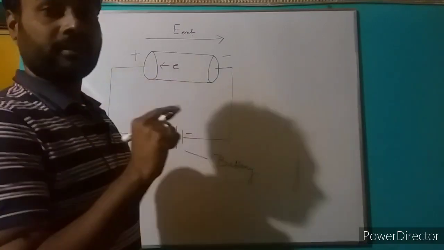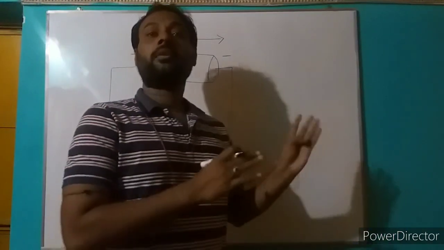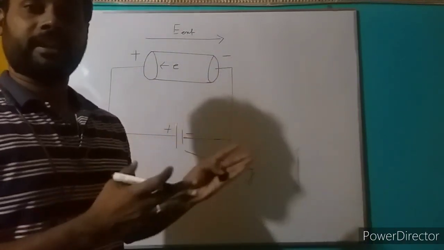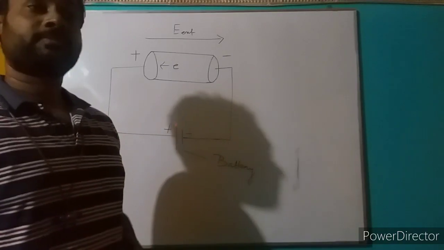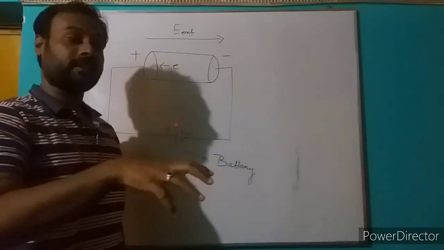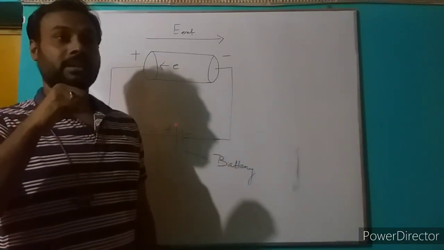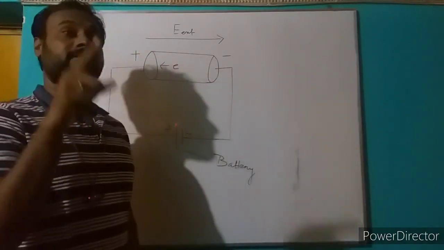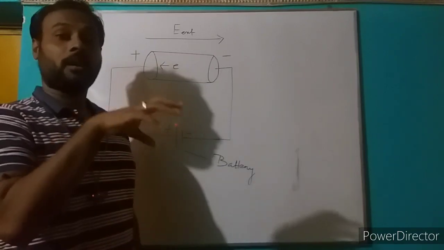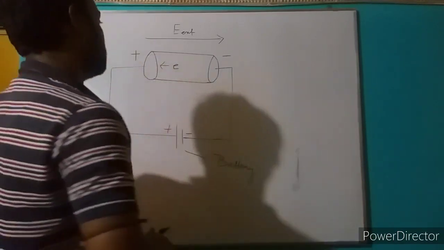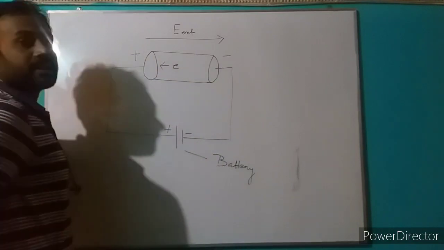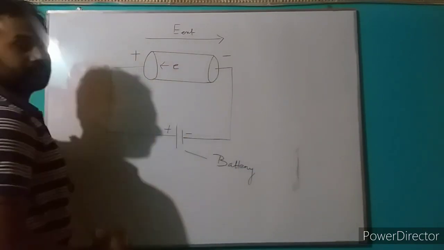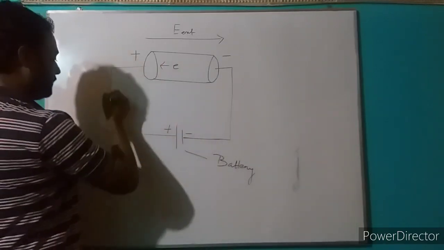You know, in the earlier class, the teachers discussed that there is an electrostatic force. That electrostatic force is experienced by a charged particle and attracts it. If the charged particle is negative, then the force experienced by that charged particle is opposite to that of the electric field. That's why the electron, being a negatively charged particle, moves opposite to the electric field. Clear? In that direction.